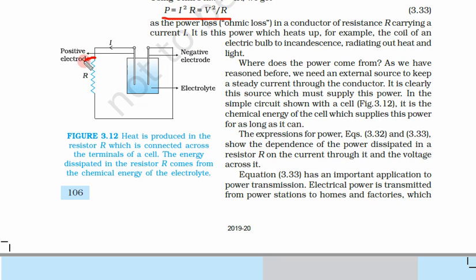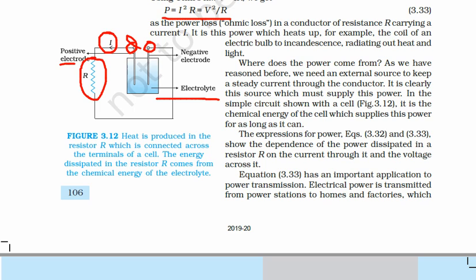So here you can see a resistance, and current I is flowing in this resistance. This is the positive electrode, this one is the negative electrode, and there is some electrolyte filled in this battery which is maintaining the potential difference between these positive and negative electrodes. This is simply a battery, and this battery is providing some current into this resistance.